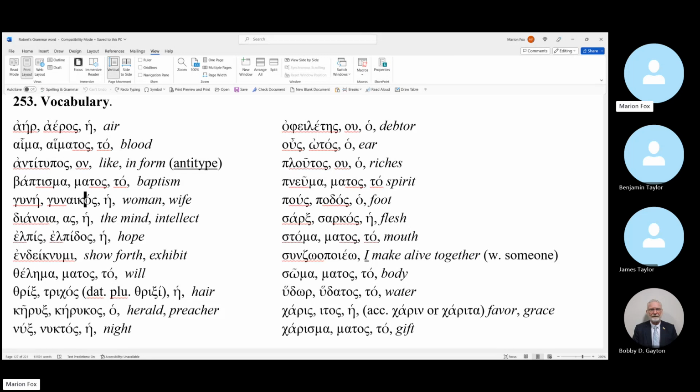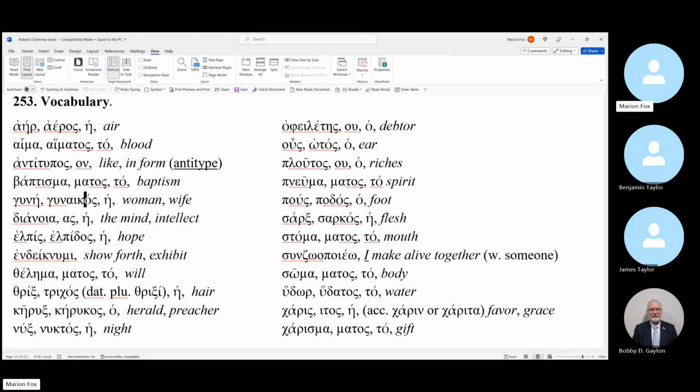Context has to tell you. I make an argument. It seems reasonable to me that if you have a paragraph with the word anēr, which is the man, husband word, it can be translated either way. If it's translated husband, it wouldn't be husband and woman, it'd be husband and wife.